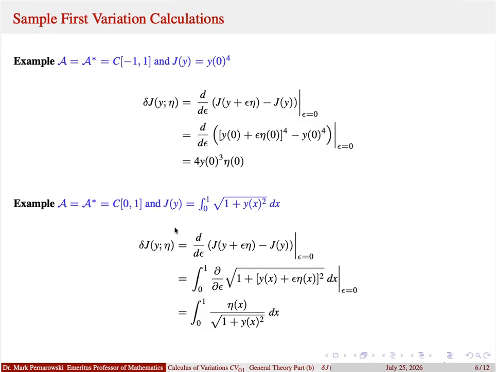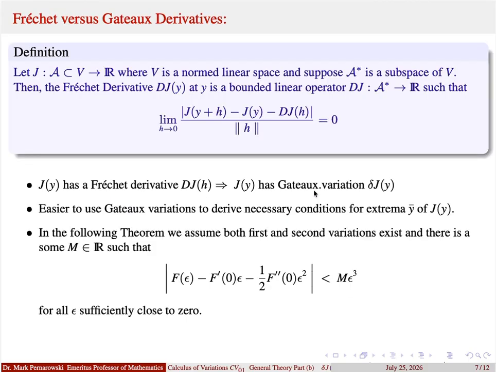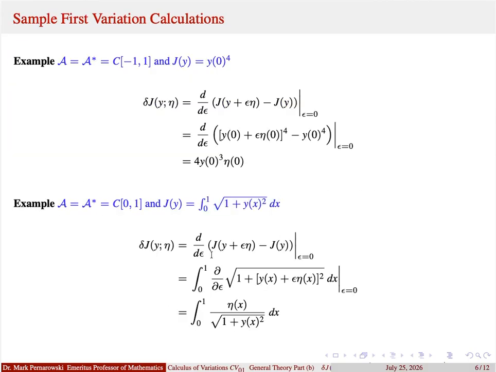Okay, a second example. Here's a functional that's defined in terms of an integral, which is more common. Again, I'm going to pick a space where a is a star, and I'm going to define the functional to be this integral. So again, I have to form J evaluated at y plus epsilon eta minus J of y.